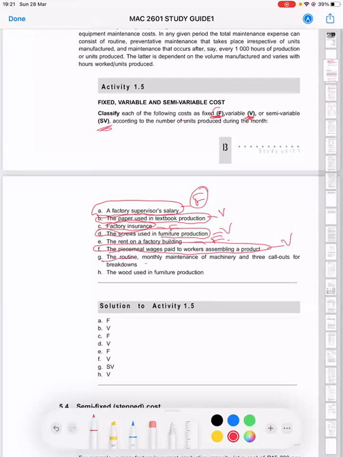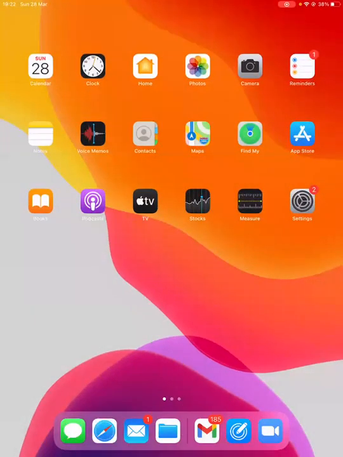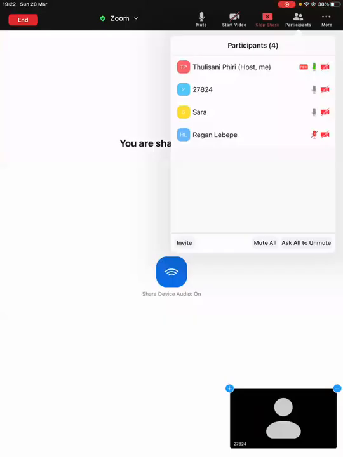The routine monthly maintenance of a machine and the 3 call-outs for breakdowns, that is going to be a semi-variable cost. The wood used in the furniture production, we are talking about direct material, and we say that direct material is a variable cost. So it is those things that we are going to be playing with all the way until we write our final exam.